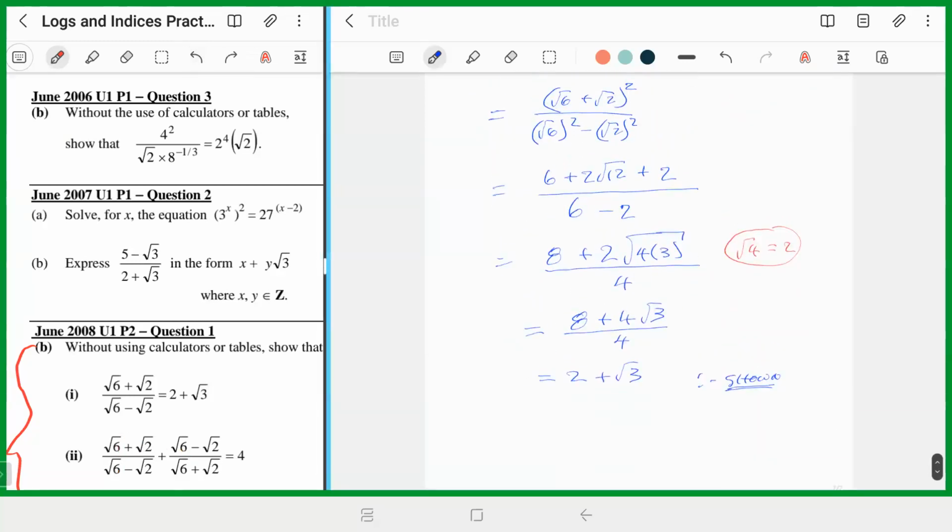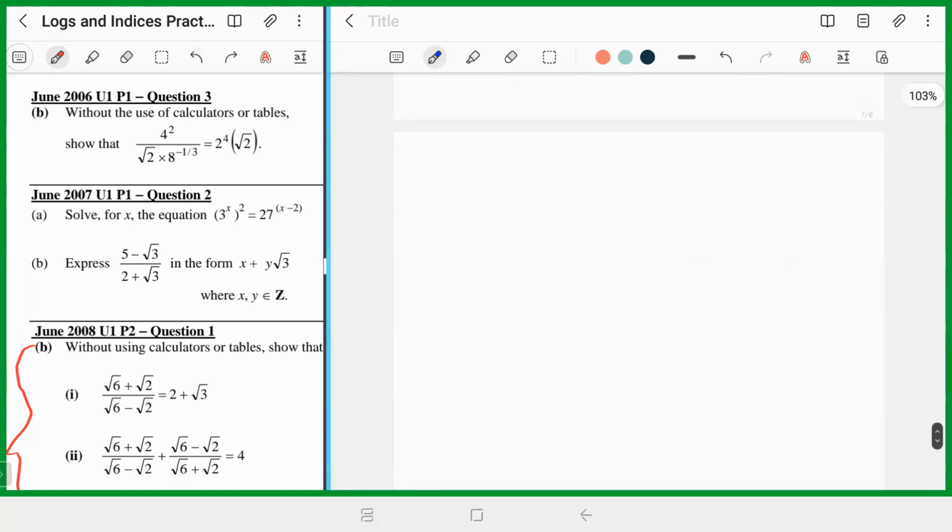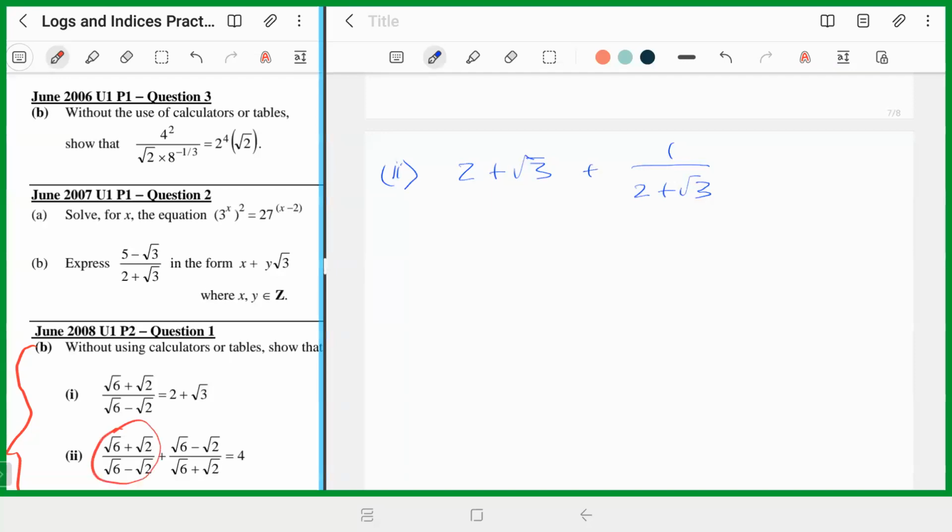So in part 2, what we really have is this. Part 2 becomes 2 plus root 3 plus 1 over 2 plus root 3. Do I get that? This is the same as that.